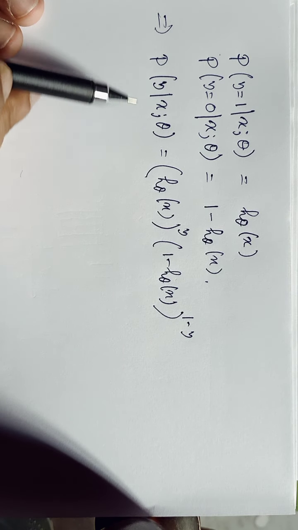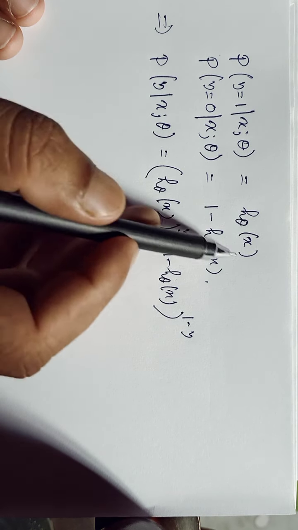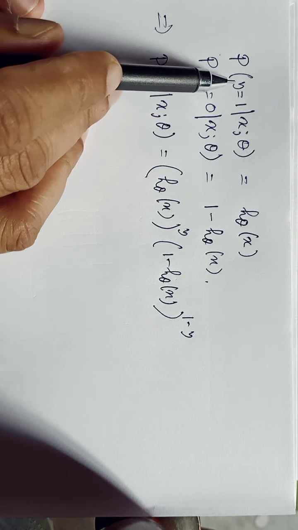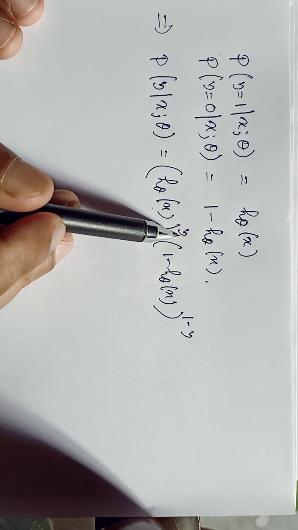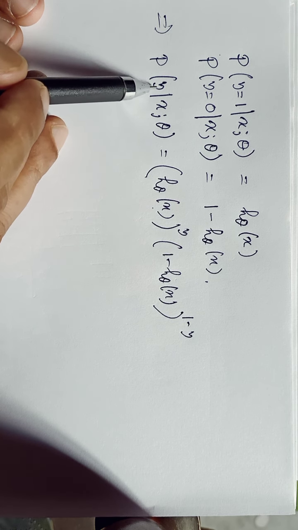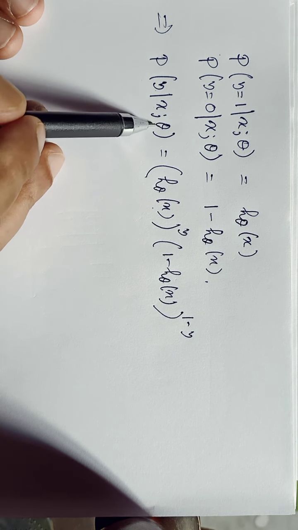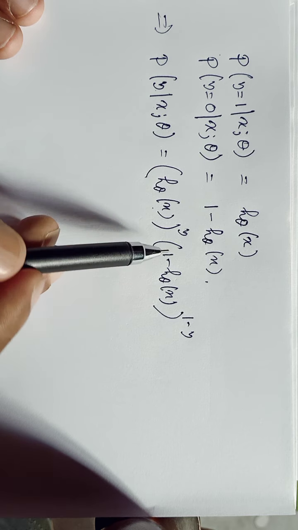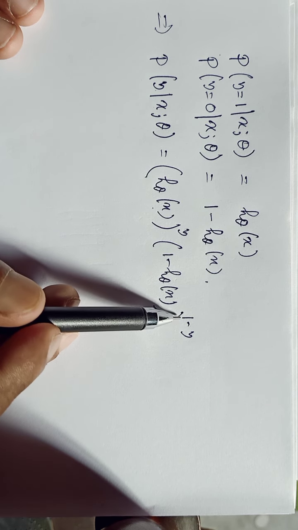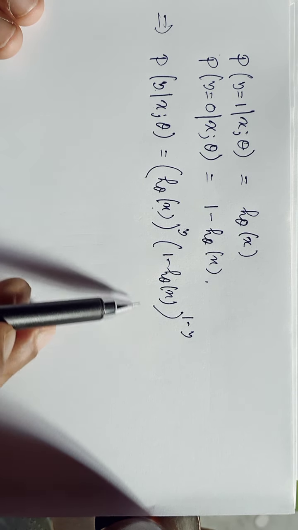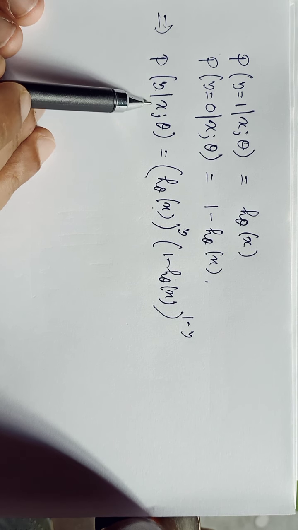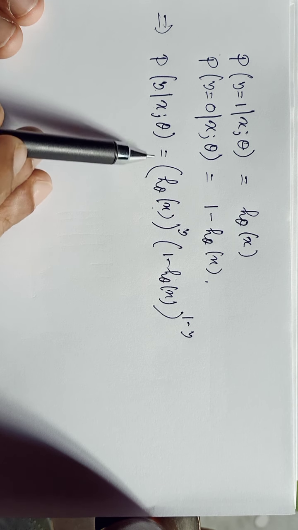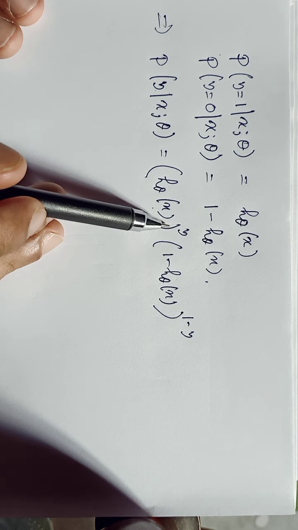Now check how this generalization can provide us these values. If y equals 1, then h theta x to the power 1, and 1 minus h theta x to the power 1 minus 1, which is 0, so this value is 1. Therefore, the probability of y equals 1 for a given x parameterized on theta is equal to h theta x.